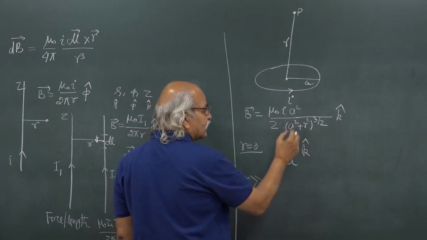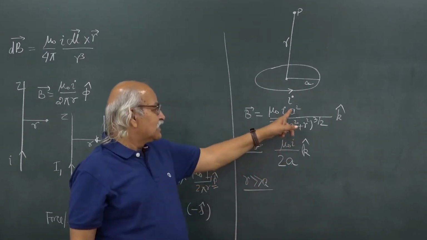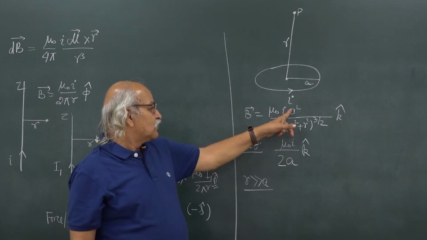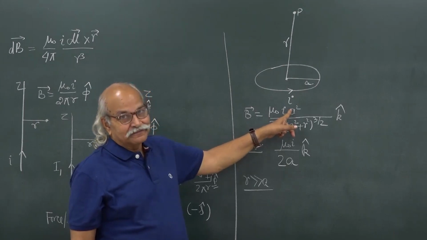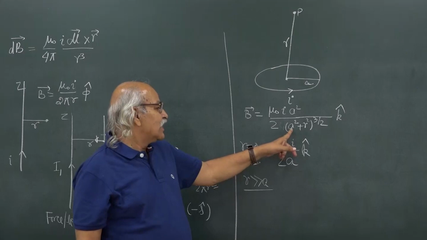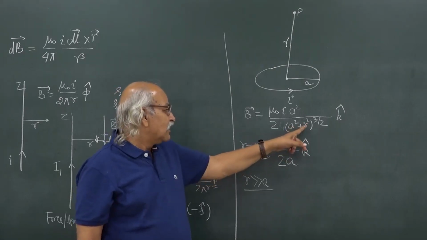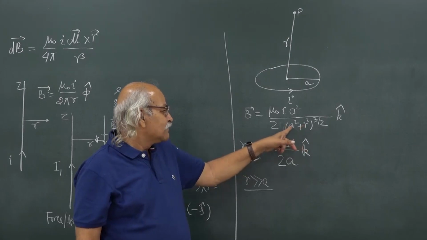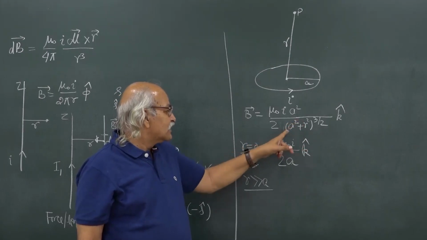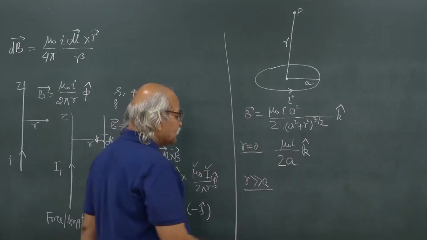So, this a square can be neglected here, but this a square cannot be neglected because it is standing alone, in front of r square plus a square. So, if r is very large as compared to a, then you can neglect this and then see what happens.